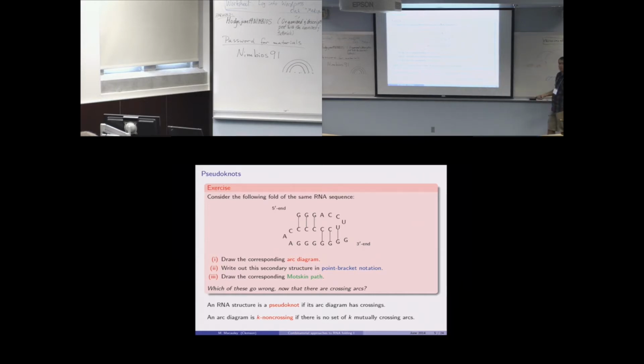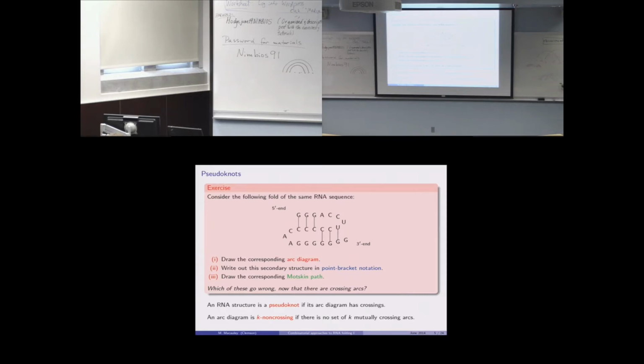OK, so here's a definition I want to give you. An arc diagram like this is k non-crossing if there is no set of k mutually crossing arcs. So the diagram you drew for this will look roughly like this.